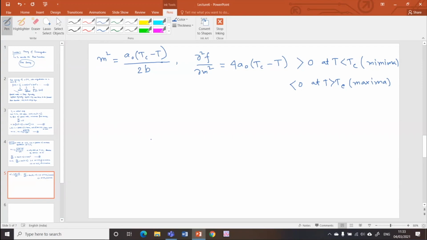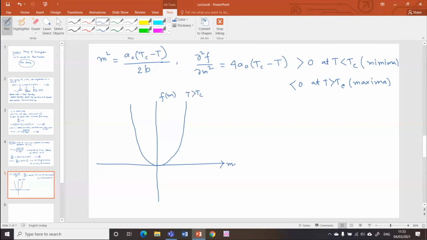Now what we will do is try to see how the free energy curve looks. On the y-axis we have F of m, on the x-axis we have m. This is the curve which you find at T above Tc.